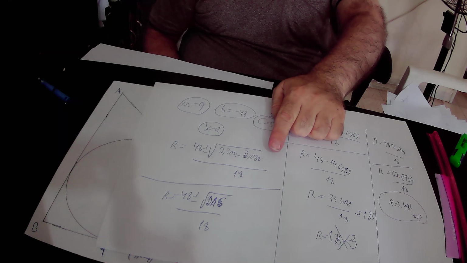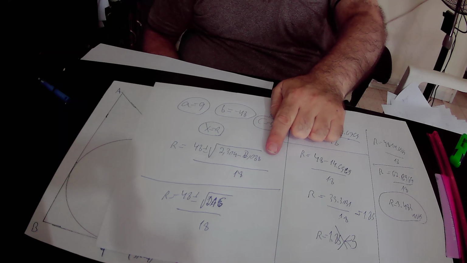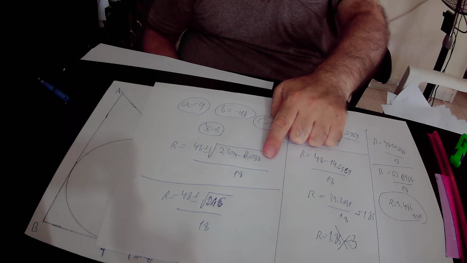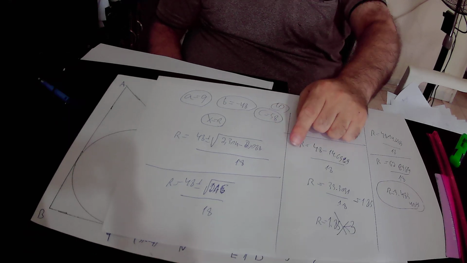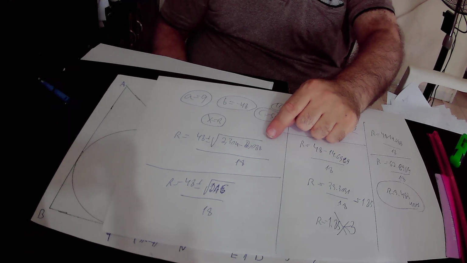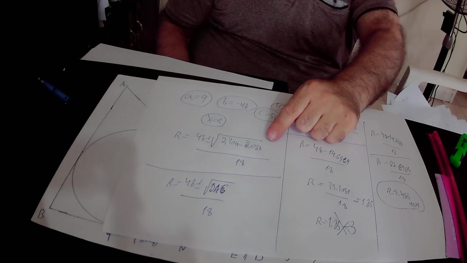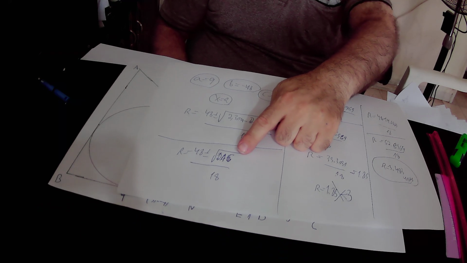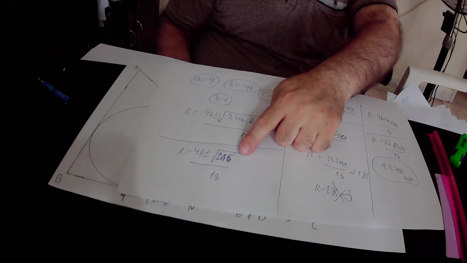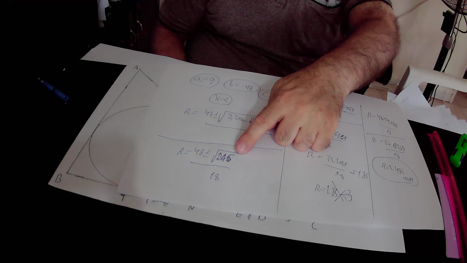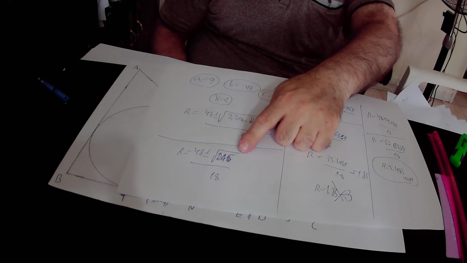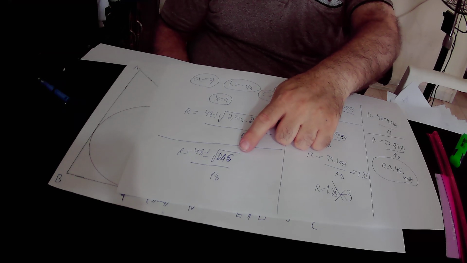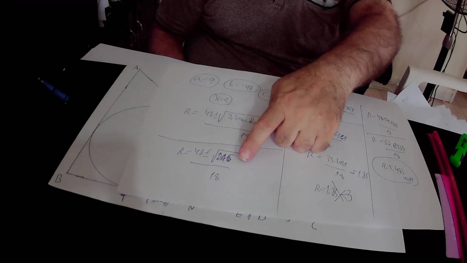Over 2a, where a is 9, so 2 times 9 is 18. Here 2304 minus 2088 is 216. So inside the root we are left only with 216. So R equals 48 plus or minus the square root of 216, over 18.